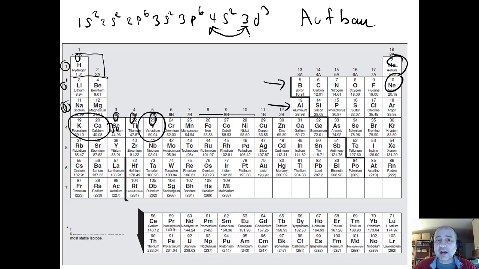But it's important for us to understand that 3d electrons are lower in energy, and so when we engage in ionic bonding, it is the s electrons that are the first ones to go, and that explains why most of the transition metals have an oxidation state or charge of plus 2. It is these s electrons that are removed, and then occasionally we can remove one or two or more of the d's, right? So just follow that.